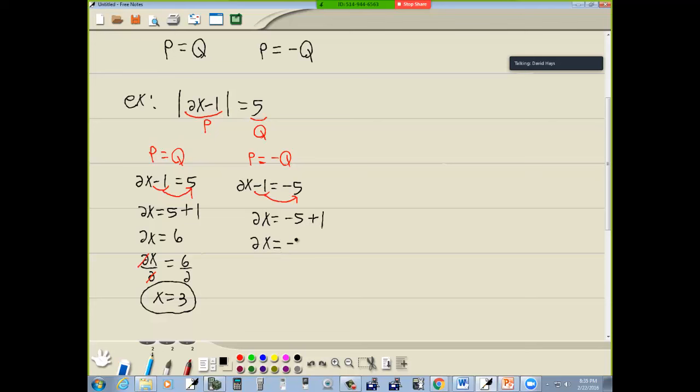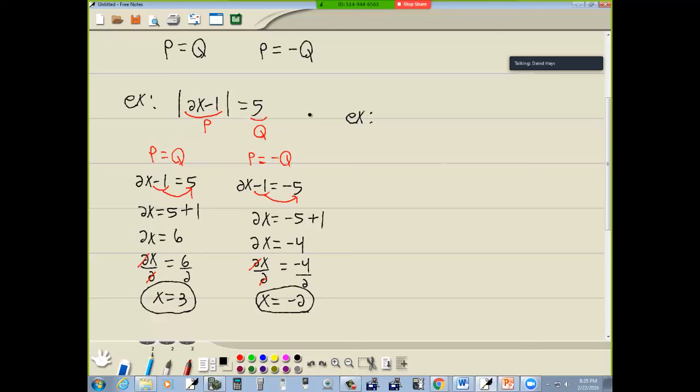Negative 5 plus 1 is negative 4. And last step, divide both sides by the number in front of your x, so we'll divide both sides by 2. When I do that, these 2's cancel. And negative 4 divided by 2 gives us negative 2. And those would be our two answers.